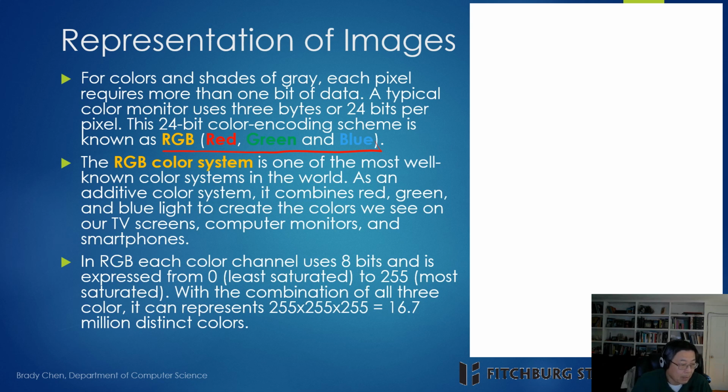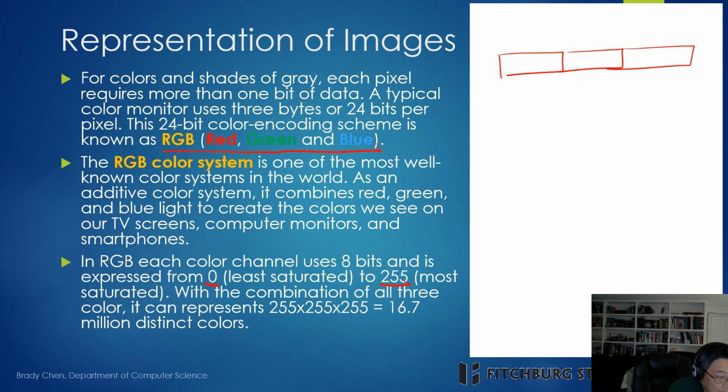In RGB, each color channel uses 8 bits and is expressed from 0 to 255, because we use a total of 24 bits, so each color uses 8 bits. For 8 bits, we can represent numbers from 0 to 255.